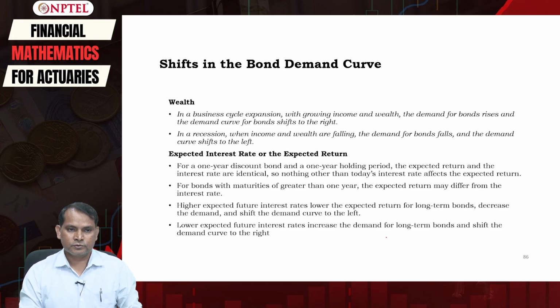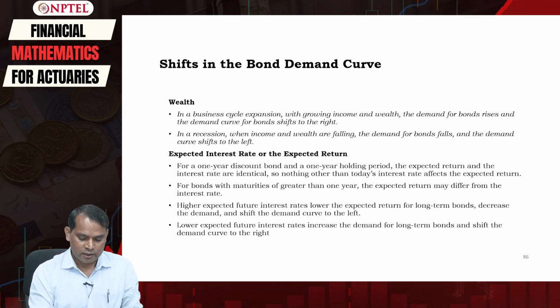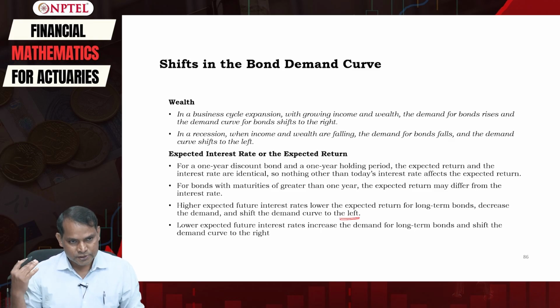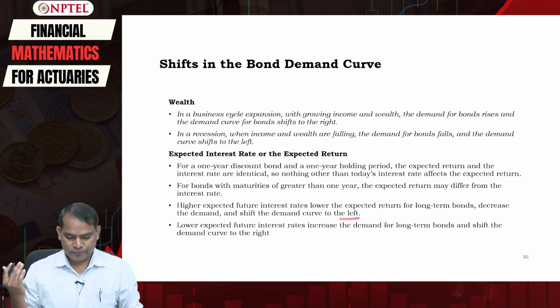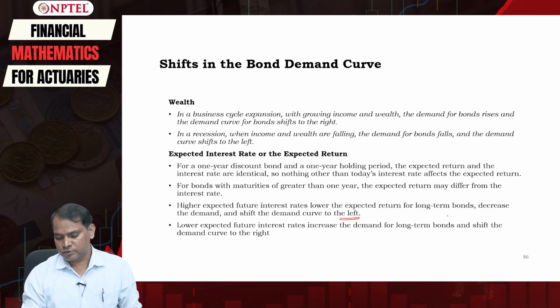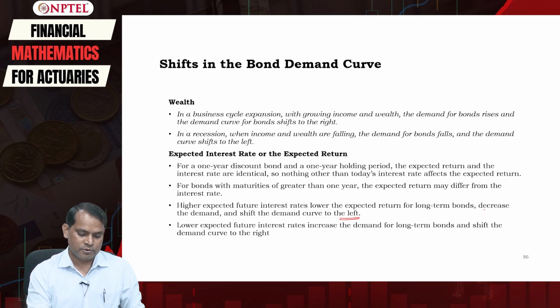This will decrease the demand and shift the demand curve to the left. So with a higher expected future interest rate, when people expect the interest rate to be high in the future, this will lower the expected return for a long term bond, and therefore it will decrease the demand for such bonds, and the demand curve will shift to the left.